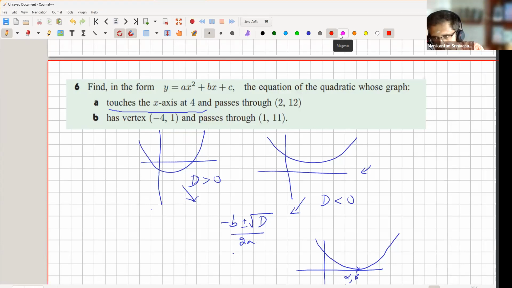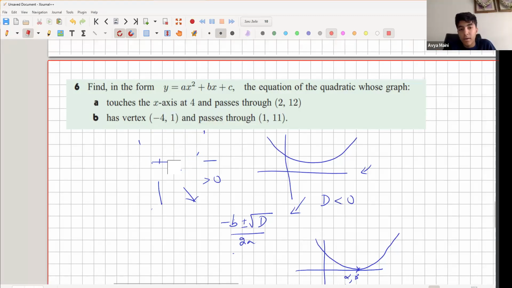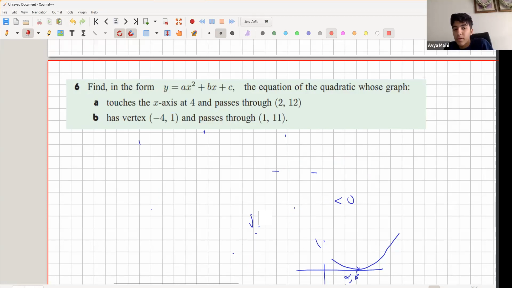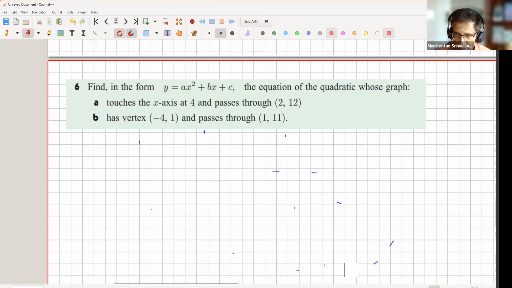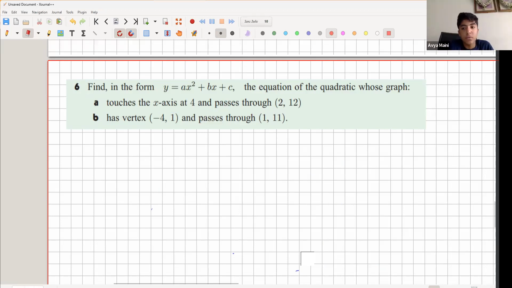Okay, so I'm done. Okay, go ahead, please, Abhiya. So you can obviously write this as a into x minus 4 into x minus 4, which is also written as a into x minus 4 square. Then you just plug in the x value as 2 and the y value as 12, and then you can find a. Excellent.